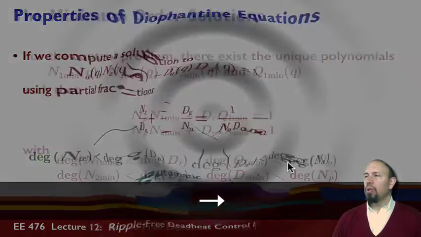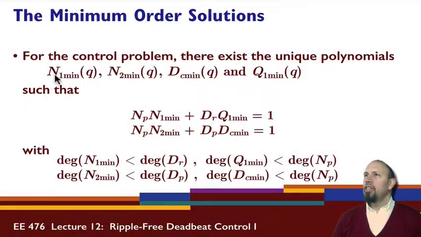So in our problem, we need the 4 polynomials. There are 4 minimum order solutions, and they satisfy these 2 equations and these degree conditions. That's what we're looking for: the minimum order solution to the Diophantine equations.